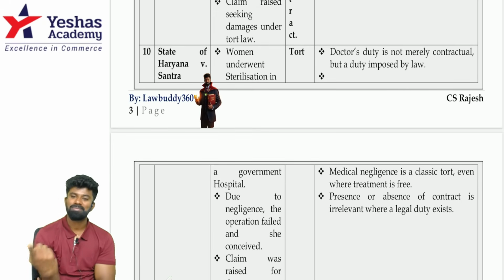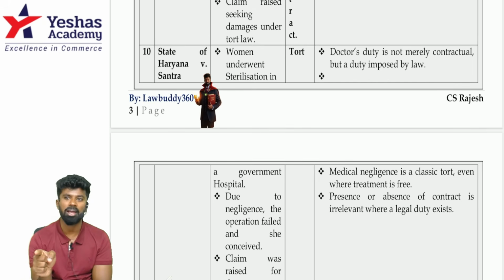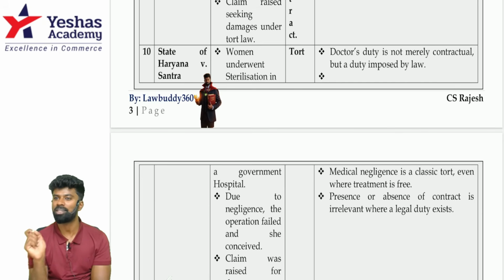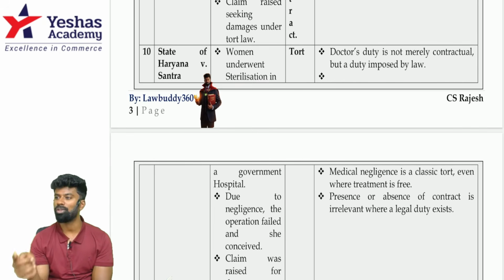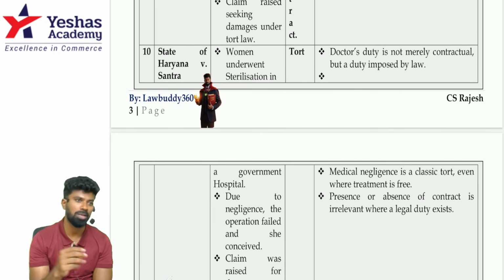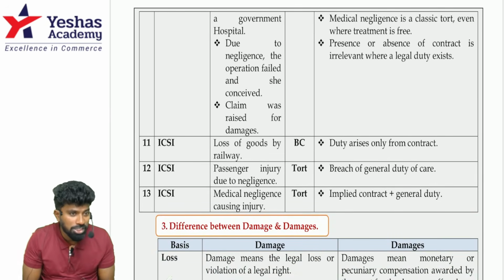Is it a crime? Yes. Is the doctor punishable? Yes. At the same time, can that lady claim compensation for negligence? Yes. Medical negligence is both a criminal wrong as well as a civil wrong, where you can also claim compensation. Are you guys getting how to differentiate between tort and breach of contract?